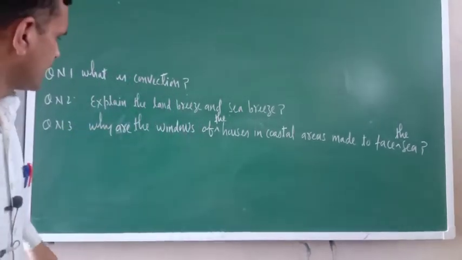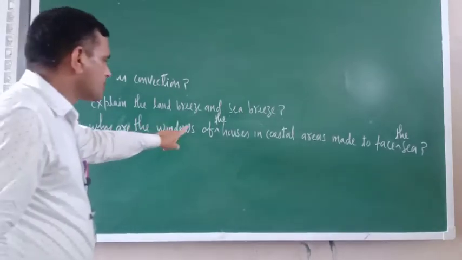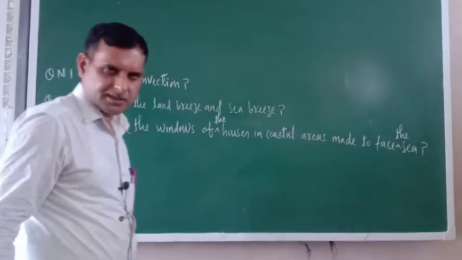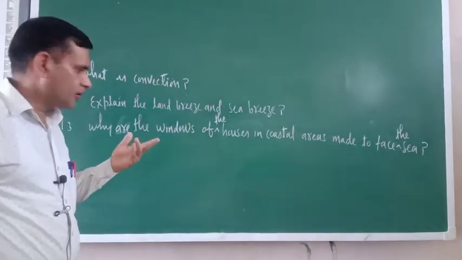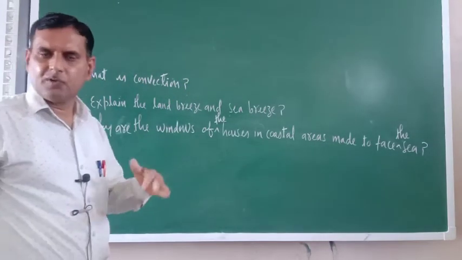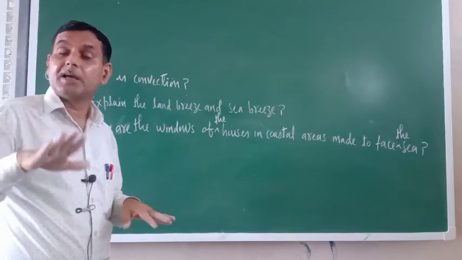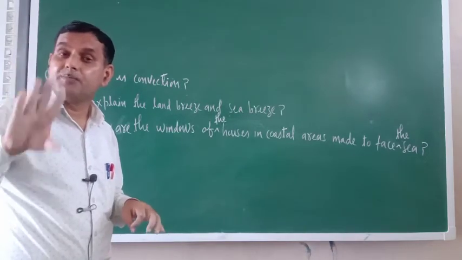The next one is: why are the windows of the houses in coastal areas made to face the sea? I already told you, in daytime sea breeze is happening. What is the meaning of sea breeze?